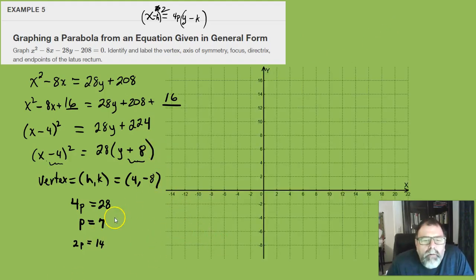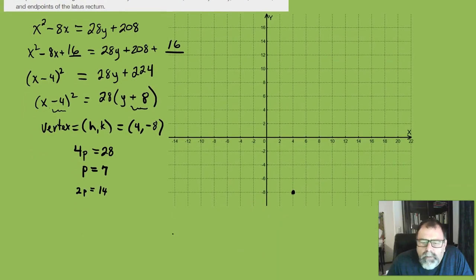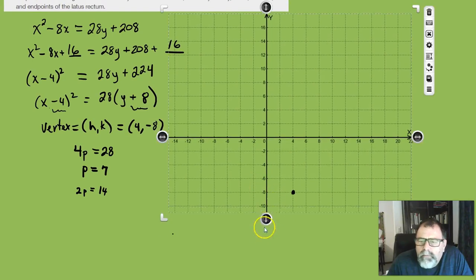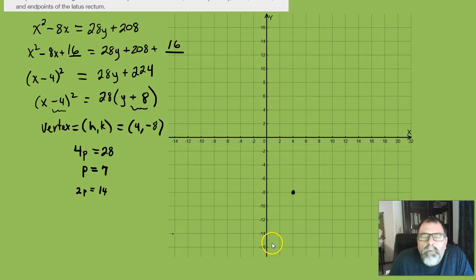Okay, so our vertex is at 4, -8. 4, -8. P is, oh, you know what? I'm probably going to need a bigger graph. All right, so 4, -8. Our directrix, well, first let's do our focus. So this is our vertex, 4, -8.